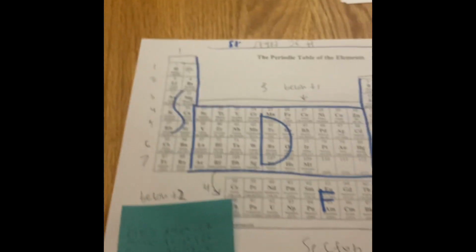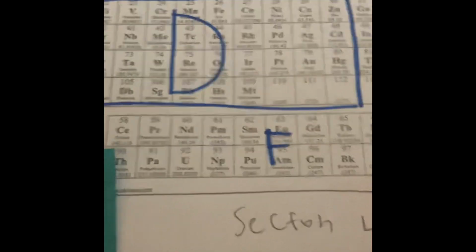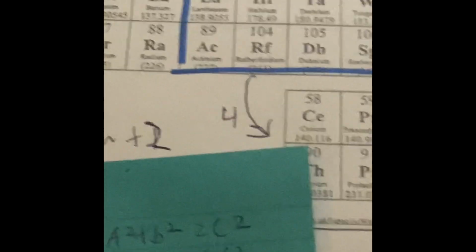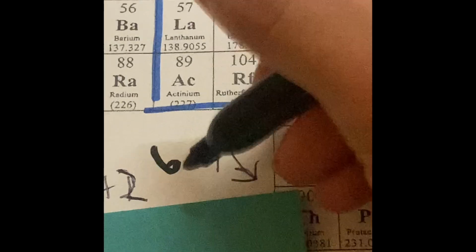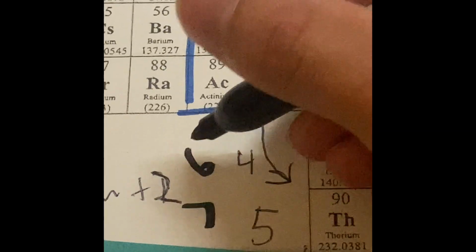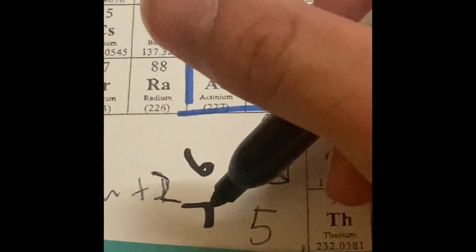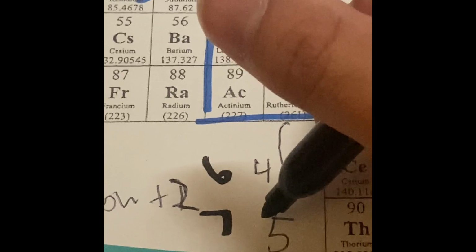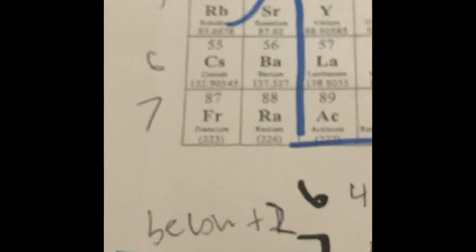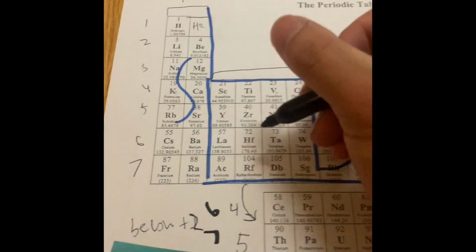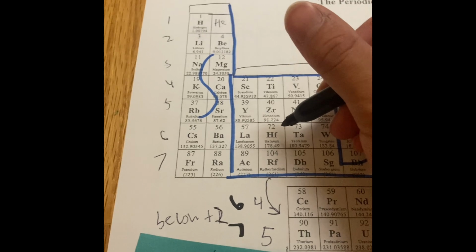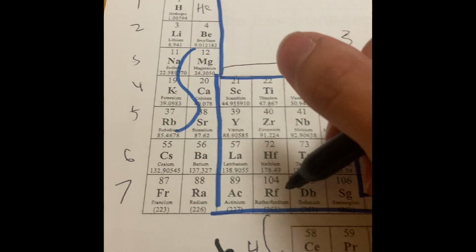But if you mess around with the F block, instead, you have to subtract by 2. So instead of saying, this was originally going to be 6, and this one right here below it was going to be 7. But the problem is, 6 minus 2 is 4, and 7 minus 2 is 5. That's because this F block was supposed to be right here in between hafnium and ruthenium.